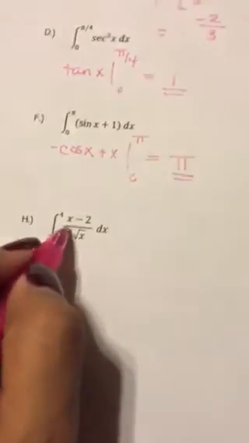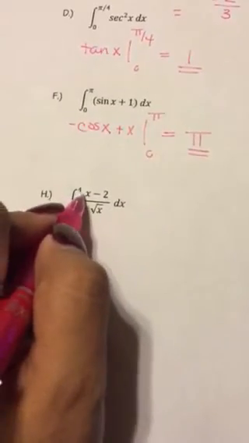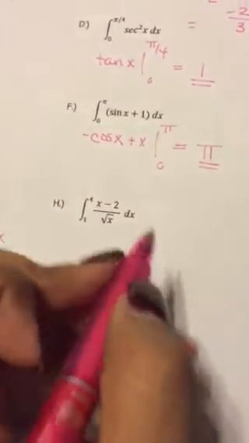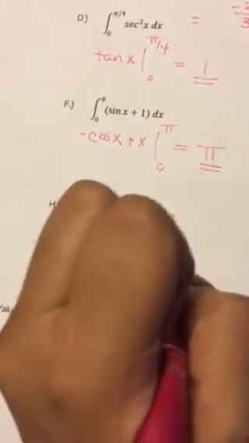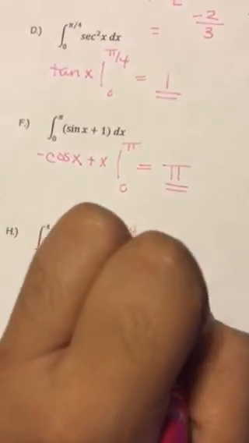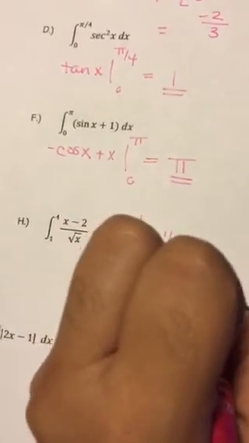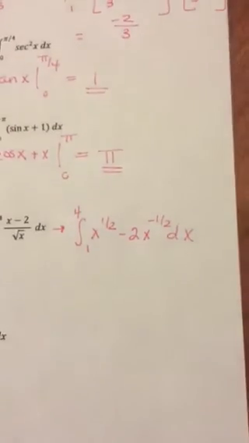The last one, we're going to distribute square root of x into x and into negative 2. So then this becomes the integral from 1 to 4 of x to the half minus 2x to the negative half dx.